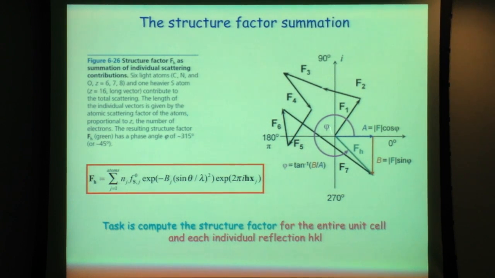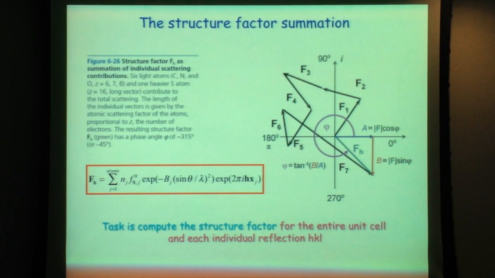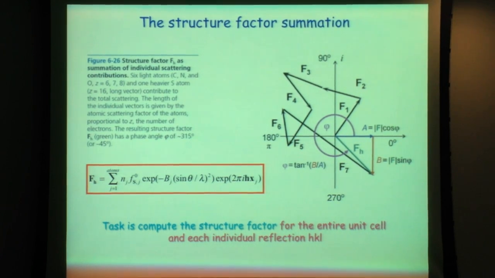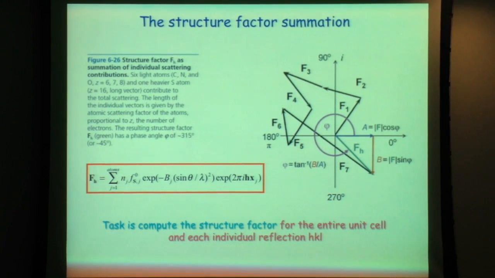We go around, and the net result for the reflection F sub H, with these 7 components, summing over 7 atoms in the unit cell, is this green vector for that particular value of H. The different orientations of these F components are due to the different scattering from the 7 different atoms.